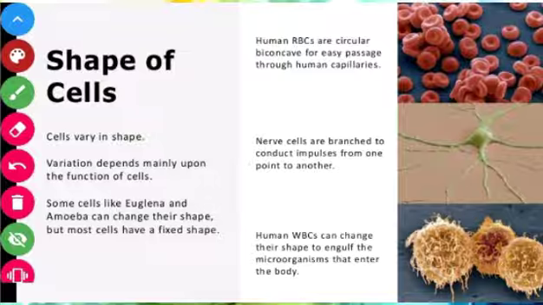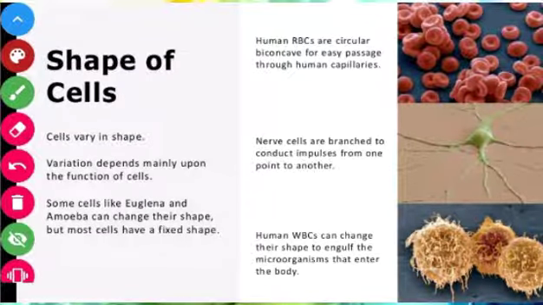They keep changing their shape, so we can say they are irregular in shape. Euglena and Amoeba can change their shape, but most of the cells do not change their shape; most cells have a fixed shape.